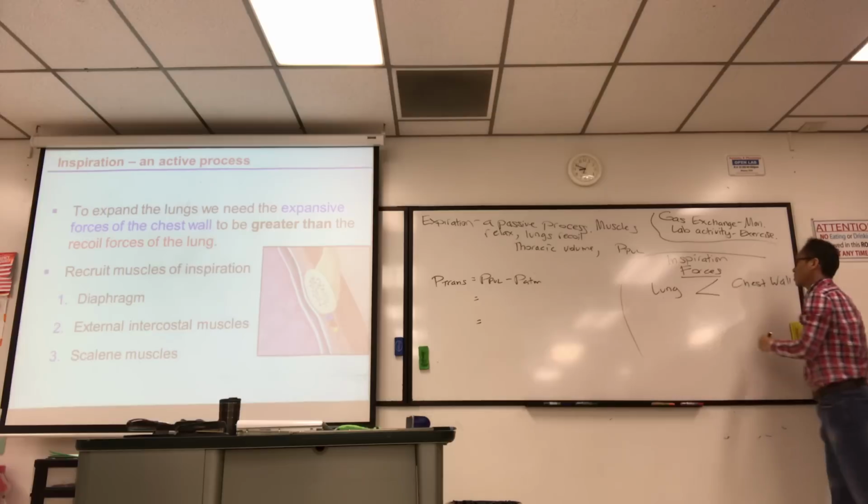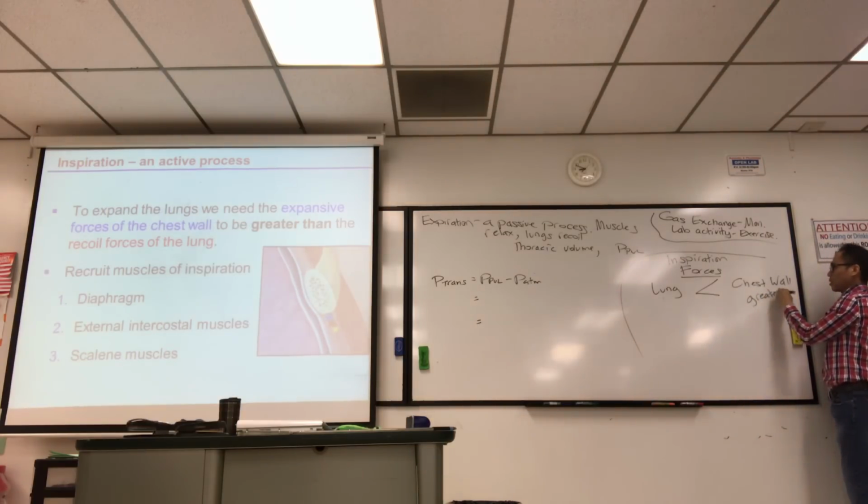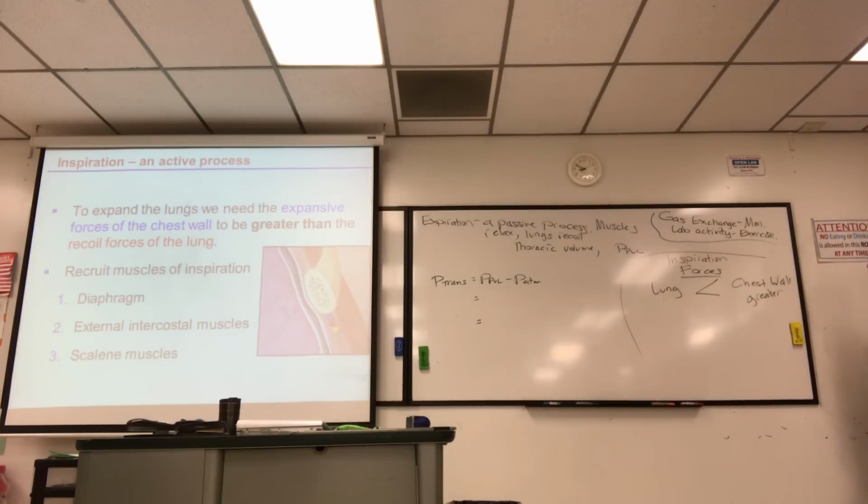For inspiration, chest wall forces are greater. So just reverse that arrow, just cross out the greater and put it under here. That's why the chest wall expands. Okay, now, expiration.